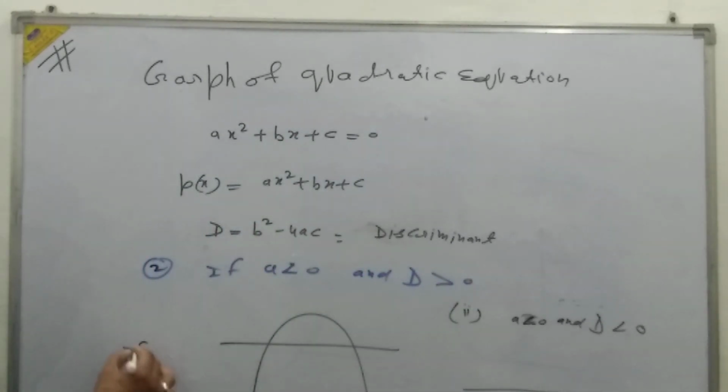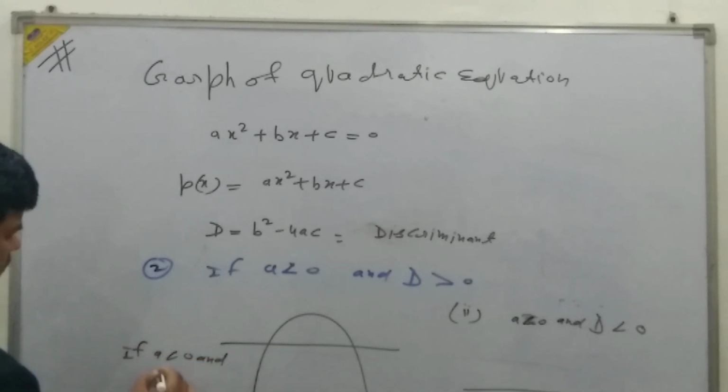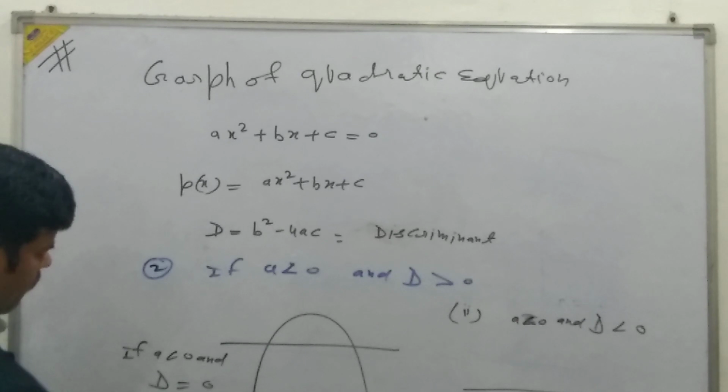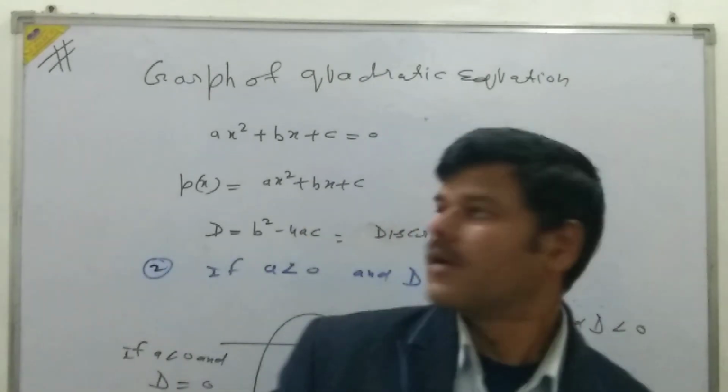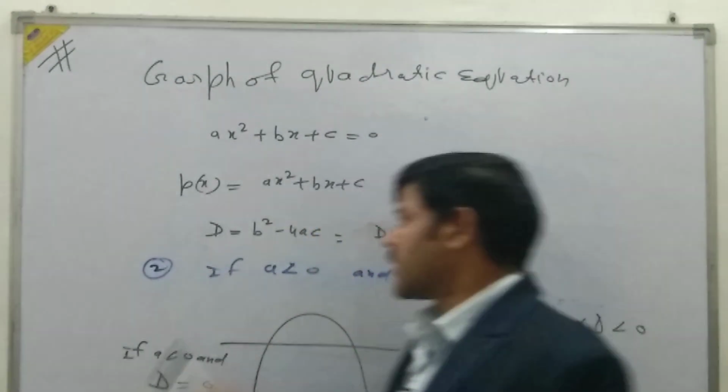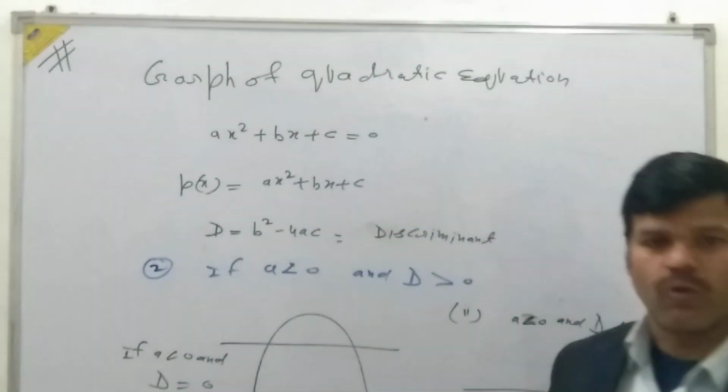If a is less than 0 and D is equal to 0, the graph will be like this. Clear?